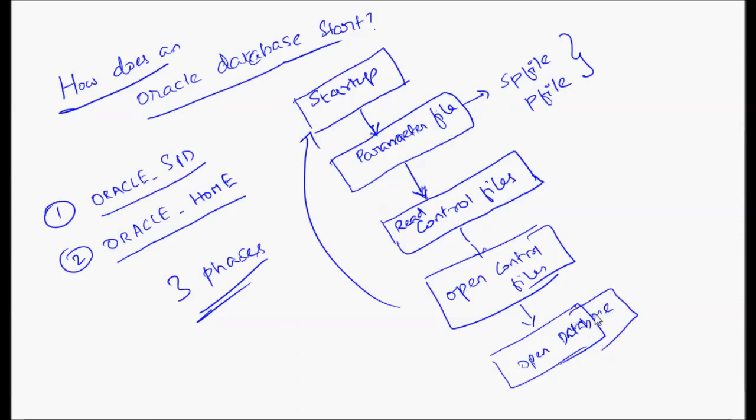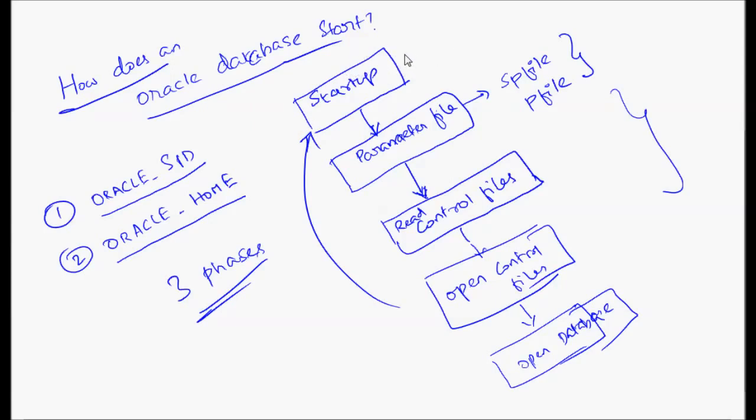Even if you haven't seen the previous videos, that's fine. You can assume that you are going to start from here. But this is an important part of understanding the Oracle database. It's very simple.